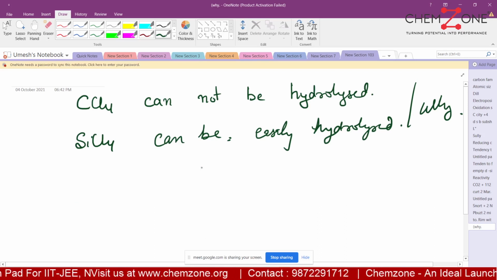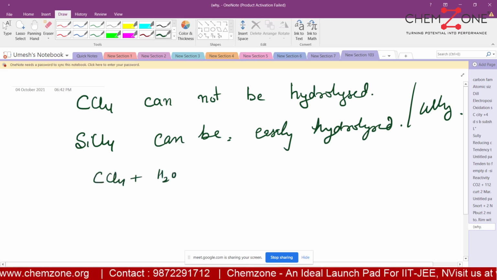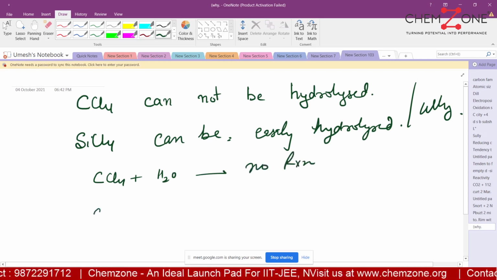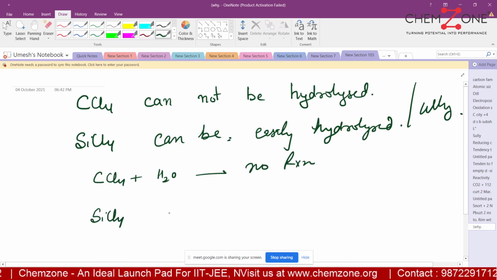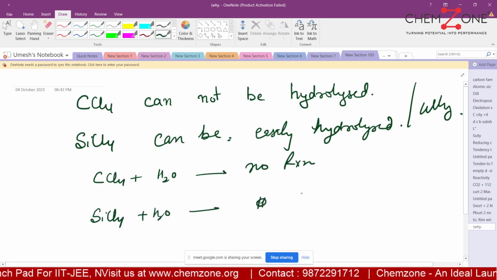When carbon tetrachloride reacts with water, no reaction takes place. Silicon tetrachloride with water forms silicic acid.